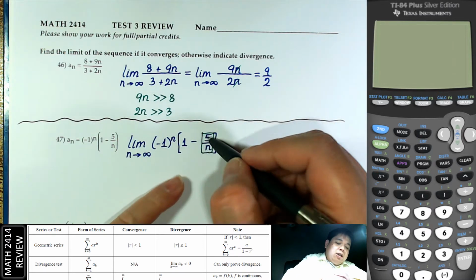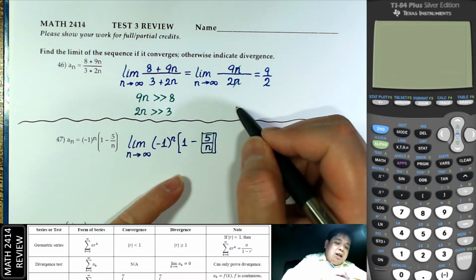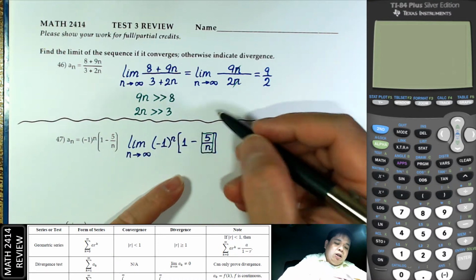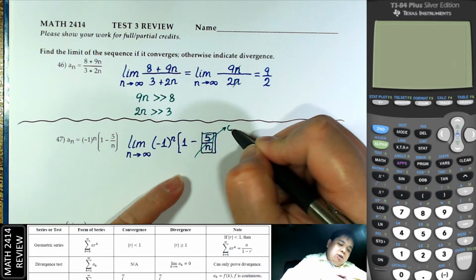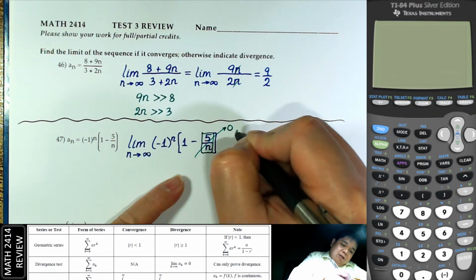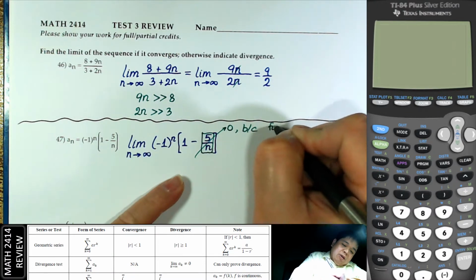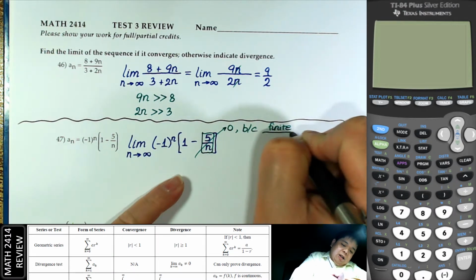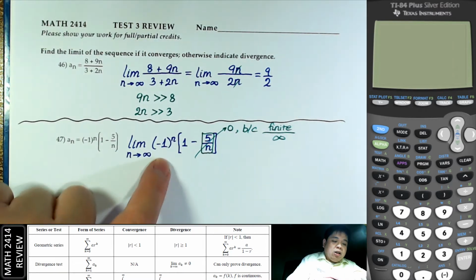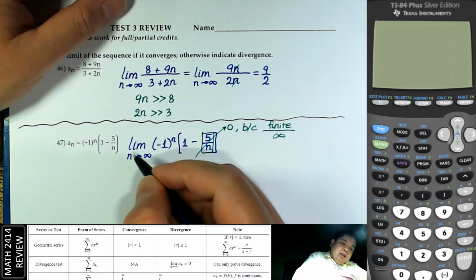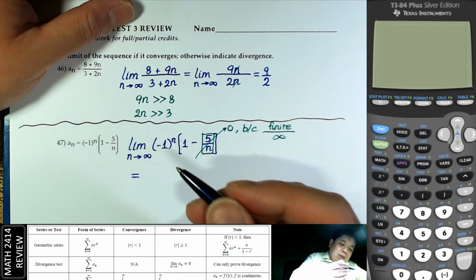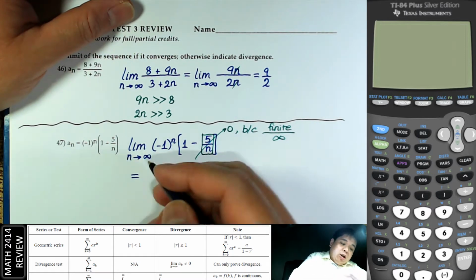So bottom line is this one goes to 0 as n goes to infinity, and we just have negative 1 to the n power times 1, because a finite number divided by something that goes to infinity goes to 0. So this is equal to just negative 1 to the n power, pretty much, because that times 1.